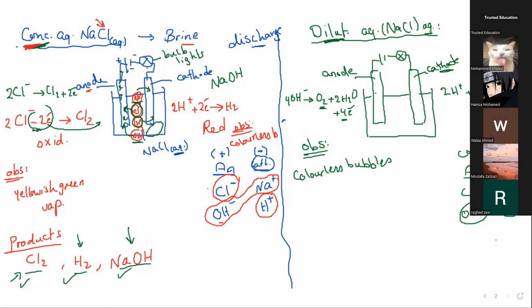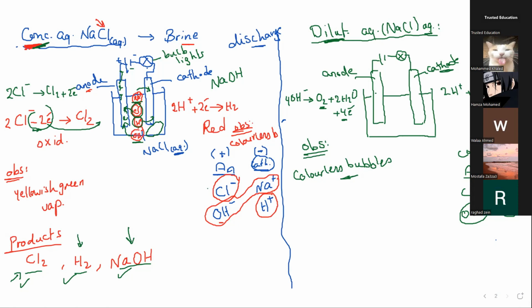This is a very common mistake. Means what can you see? I don't need names. I just need something that you can see. قلت colorless bubbles. مش هقول oxygen bubbles. Oxygen bubbles غلط. أيوة، إيه الdescription بتاعها؟ colorless bubbles.